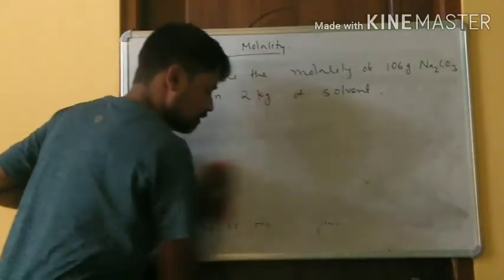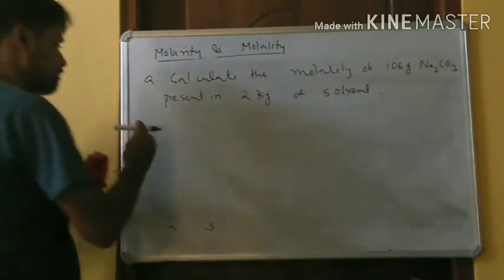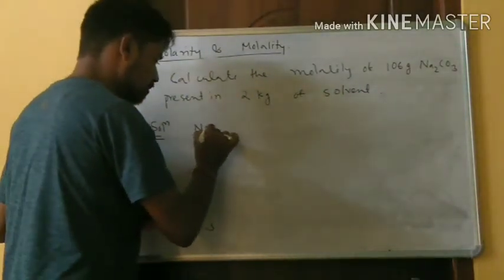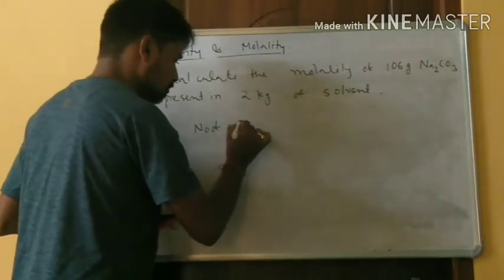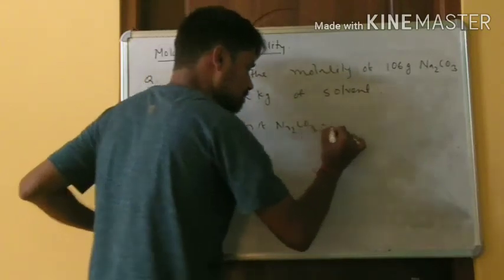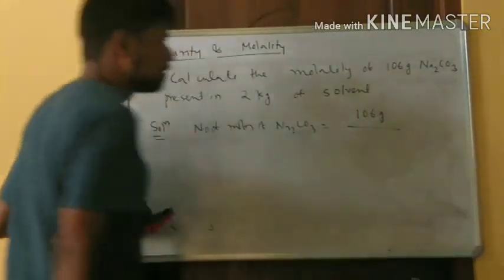So here also we have to first find the number of moles. Let us calculate the number of moles of Na2CO3: mass divided by molar mass. Mass is 106 gram.